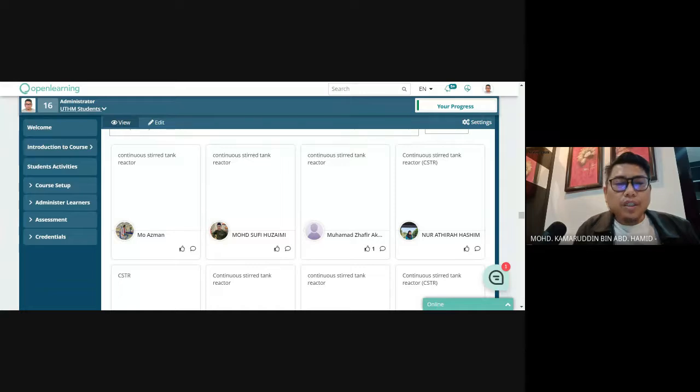All right, so one thing about a stirred tank reactor is basically used for a liquid phase reaction. Commonly used for liquid phase reaction. Okay.